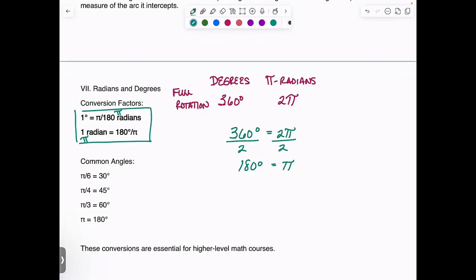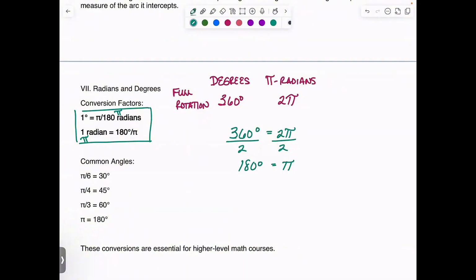Okay, so how does this work? How do we convert degrees to pi radians and then pi radians to degrees? It's actually quite simple. These are common angles right here: 30, 45, 60, and 180 degrees. Those are what we would call common angles that we work with in geometry and trigonometry. So we'll start there.